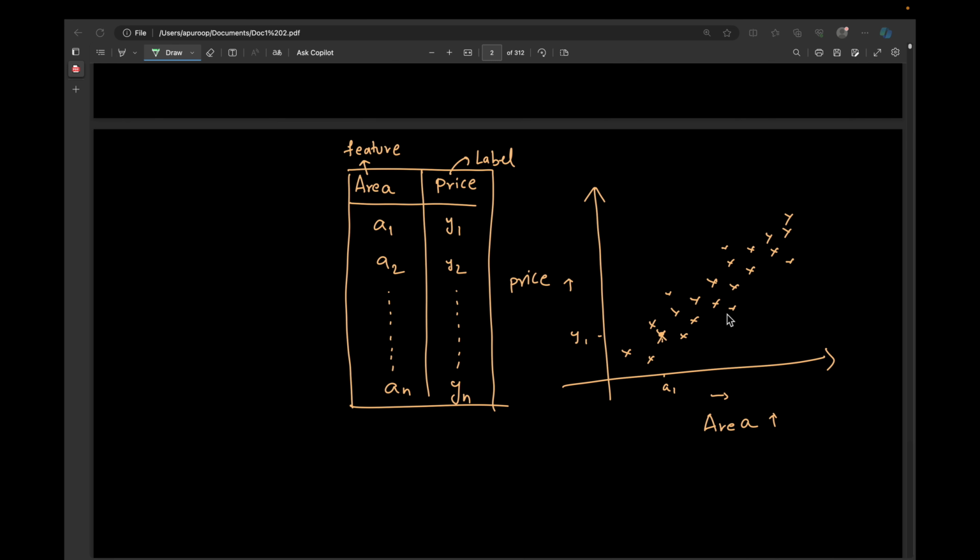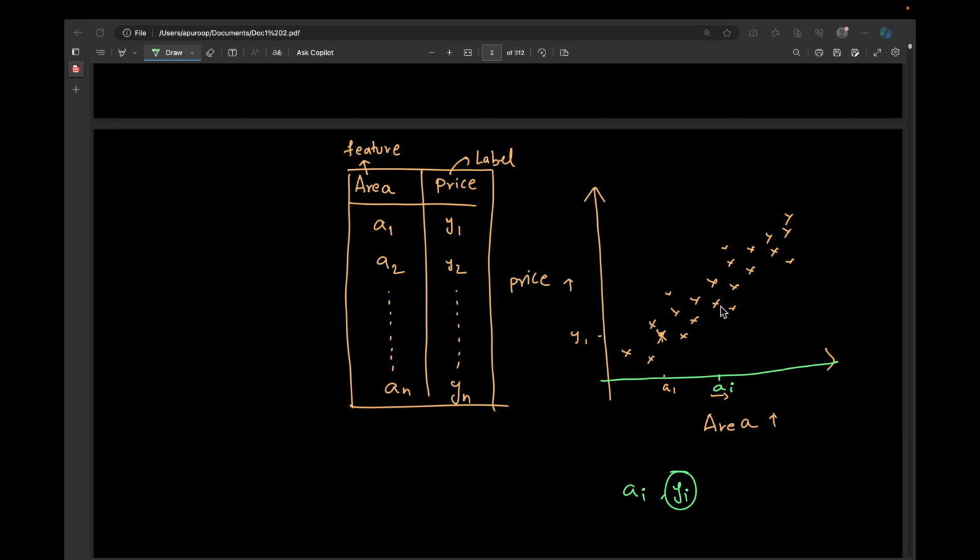The model needs to observe the pattern and has to find for some new data point. Let's say, after training the model, you are giving a new data point, that is A. For this A, we need to predict some value, or we need to predict the price corresponding to it. So we need to predict Y. Okay.